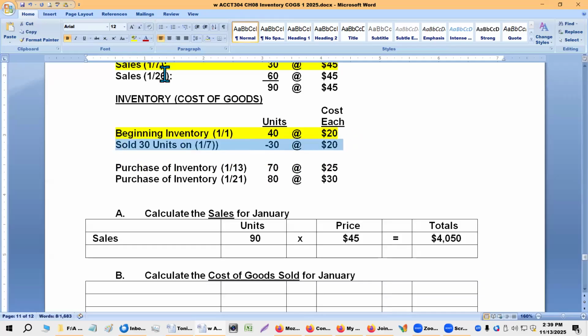And what we're left with from that beginning inventory is 10.